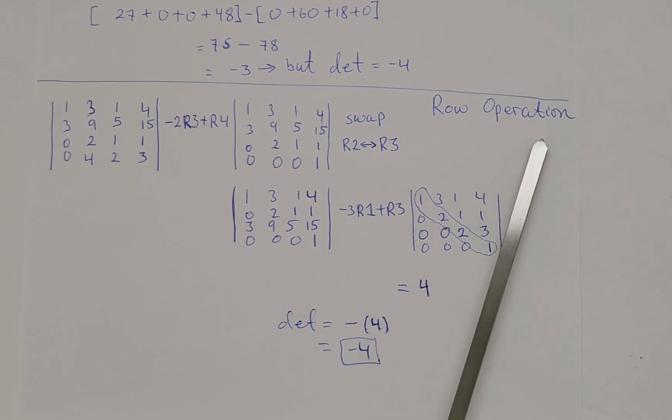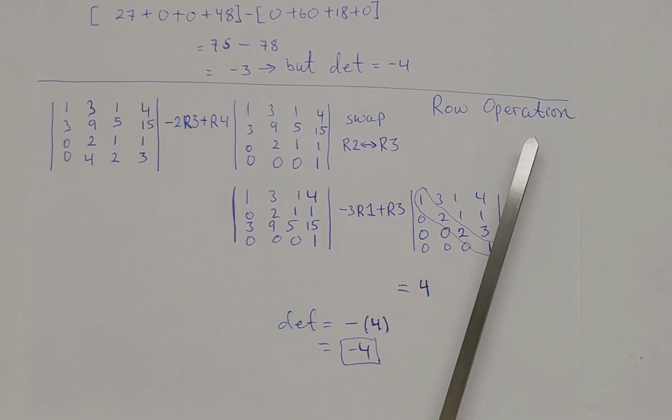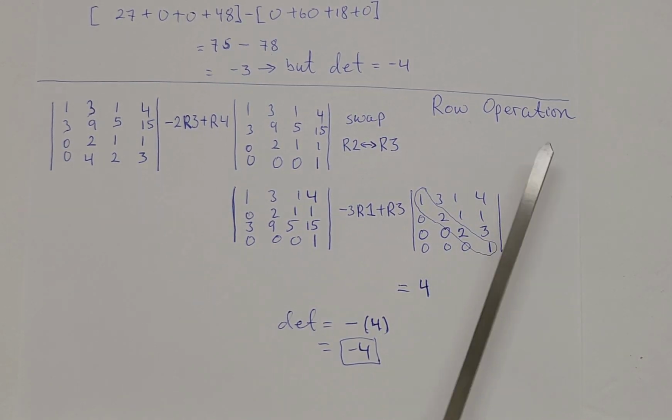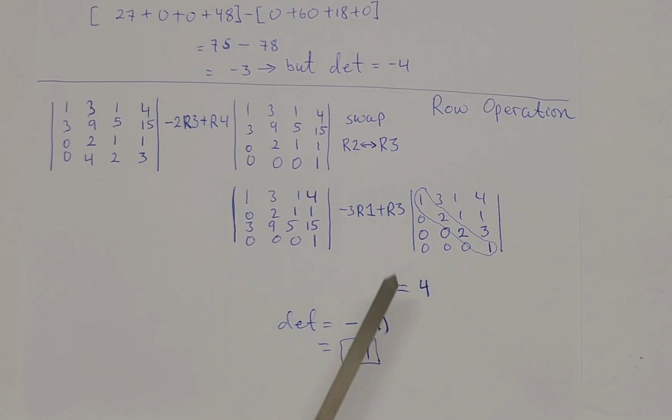When you do row operations to find the determinant, our objective is to have the bottom triangle right here be 0, so that all I have left is just this diagonal, and then multiply the diagonal. Okay, so one more time.